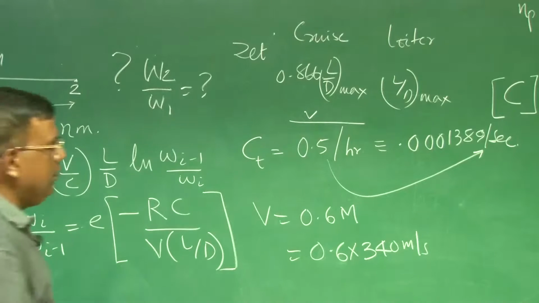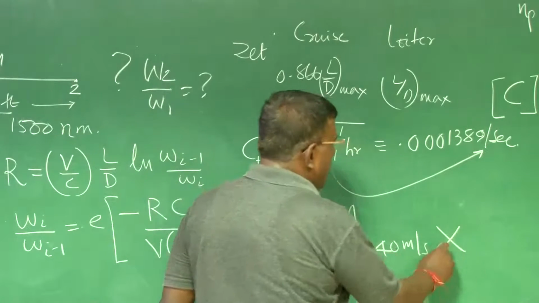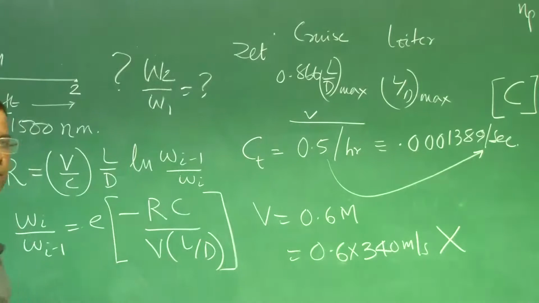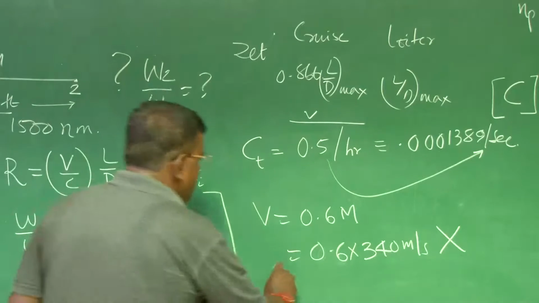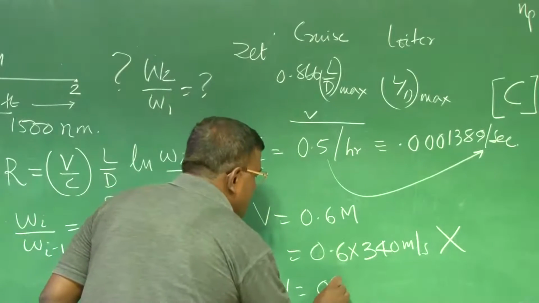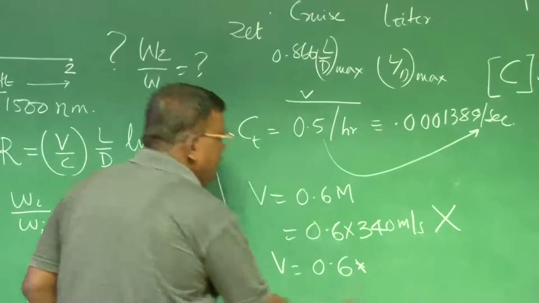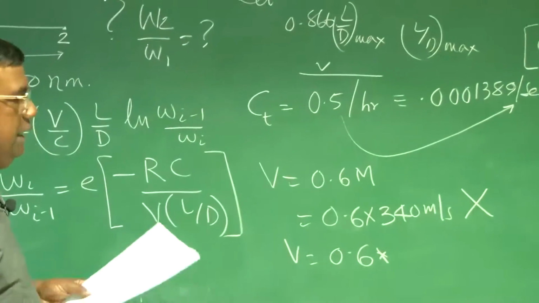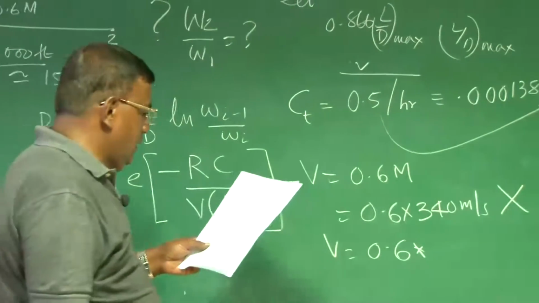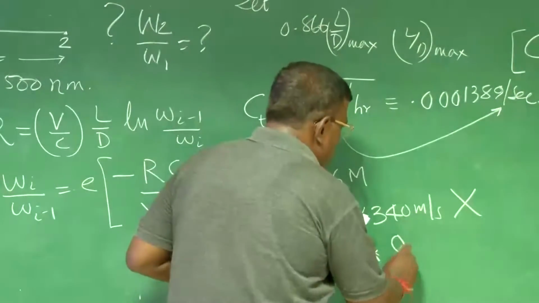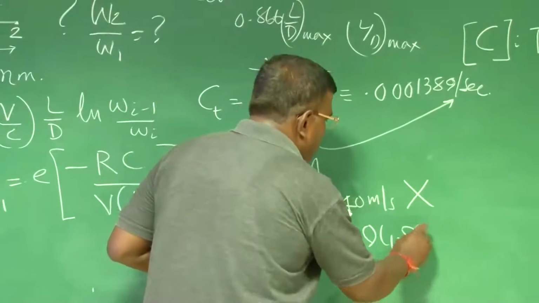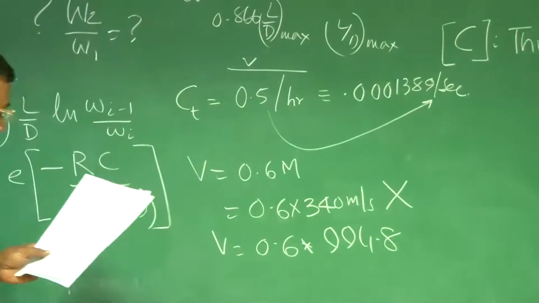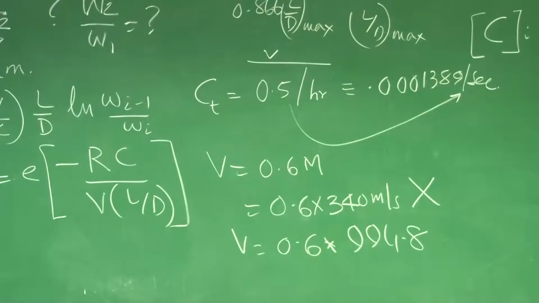No, this will be wrong because for 0.6 Mach I have to work in FPS units. So I have to write V equal to 0.6 into the velocity of sound in FPS units, and that is 994.8 feet per second. That is the speed of sound in FPS.